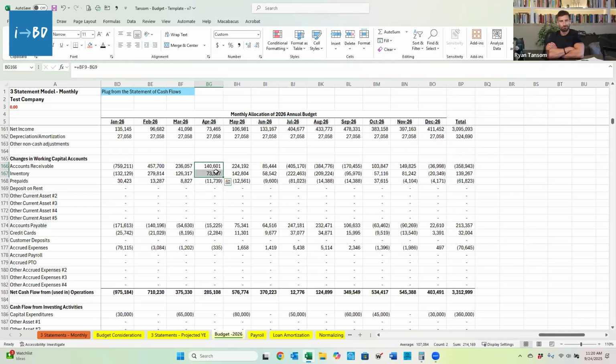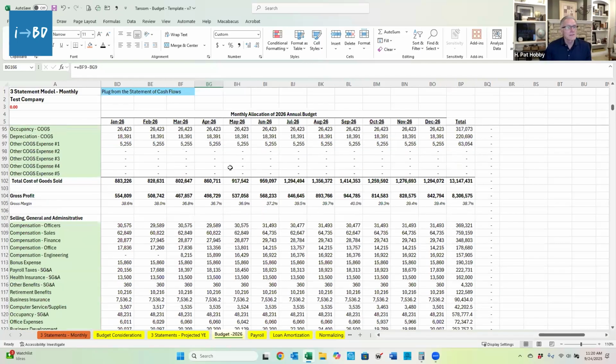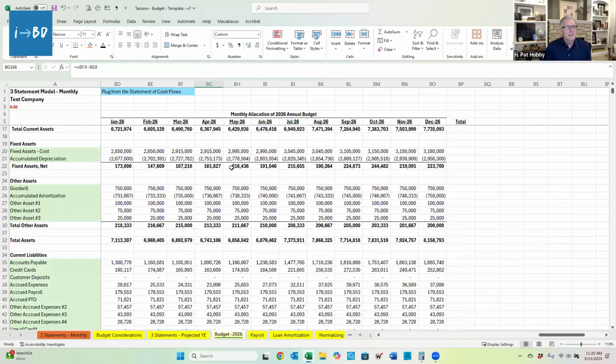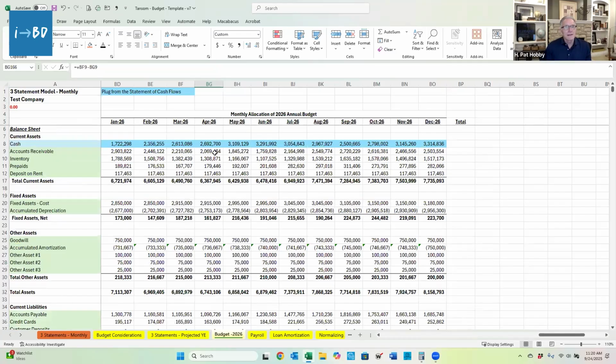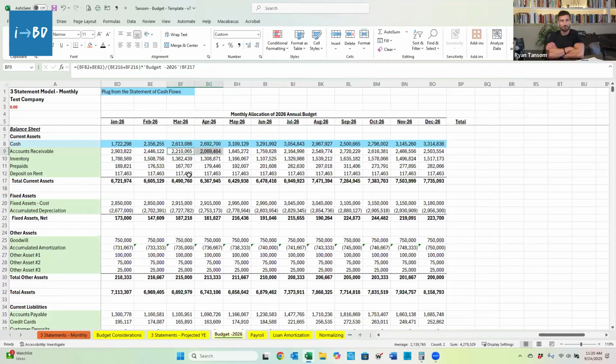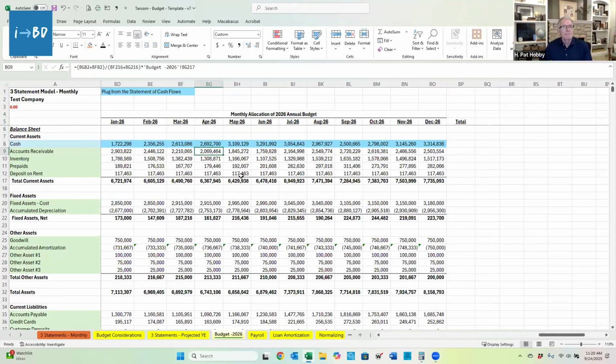Mm-hmm. Your AR balance comes down because you'll see this $140,000 difference is the difference between this number and this number, which is the balance sheet receivables over March and April. So it went from $2.2 million to 2.069. So we had more in cash.